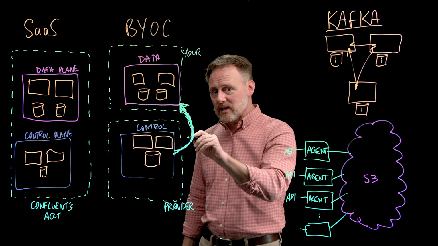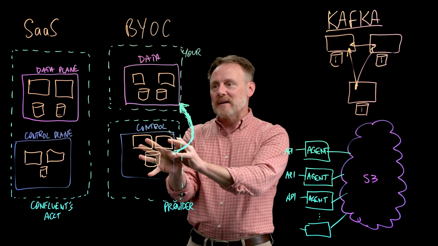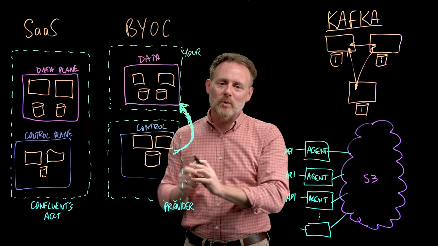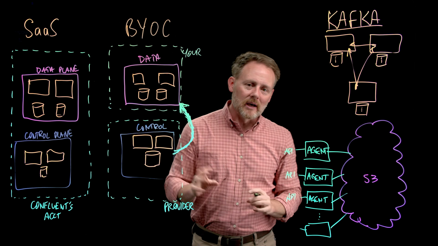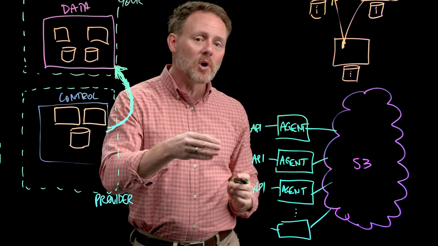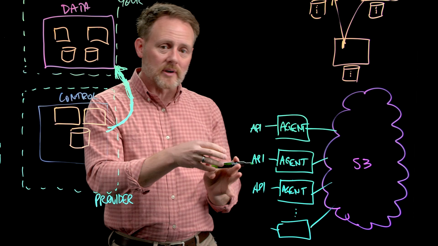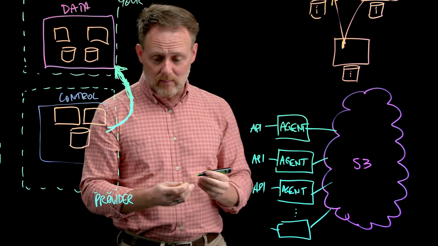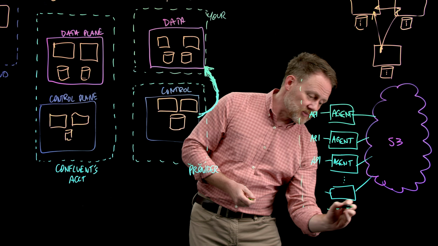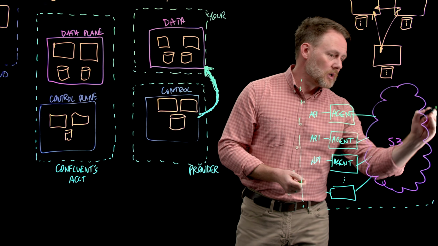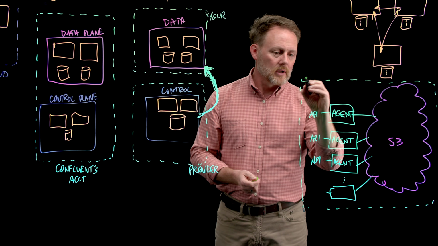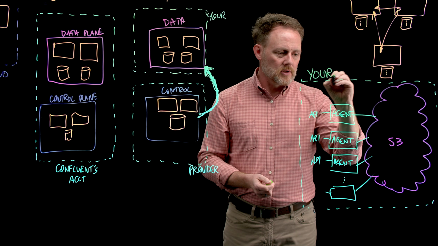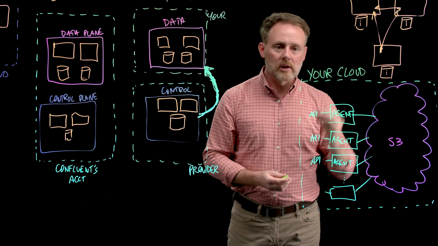So this concern here, where you have to have folks at the vendor be able to break in and see what's going on and fix problems, we don't have that. There is no way for Confluent SREs or operations personnel to break glass and get into your cloud account. By the way, I should demarcate that so you know for sure that this is all your cloud.